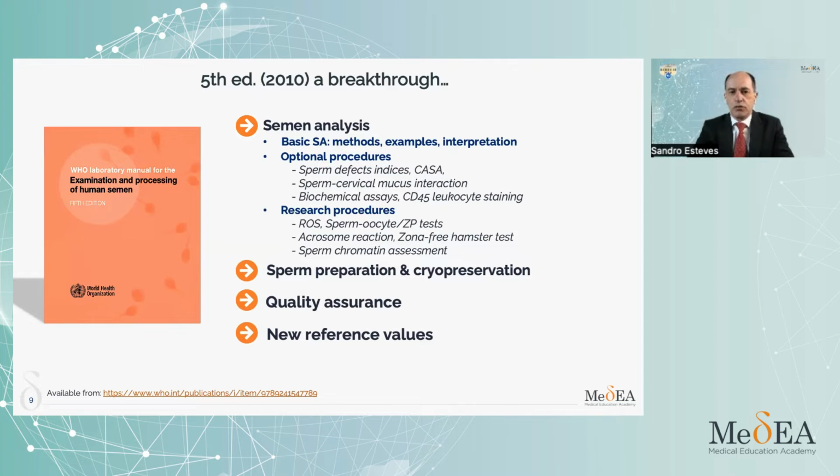So the fifth edition of the WHO manual, published in 2010, is currently the manual used worldwide by most clinical and research andrology laboratories, as well as fertility centers.